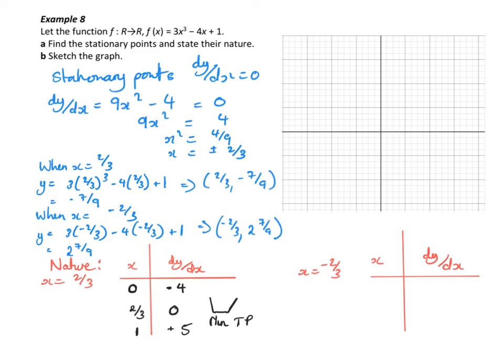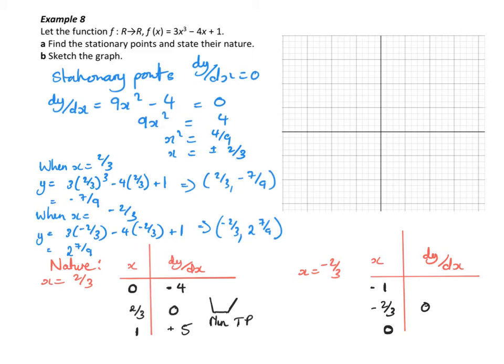And then we go through and do the same process for negative 2/3. So negative 2/3, we know that the gradient is 0, and we take something a little bit smaller than it. Again, let's take something that is a whole number to make our life a little bit easier. Negative 1 is a little bit smaller, and something a little bit bigger in this case would be 0.